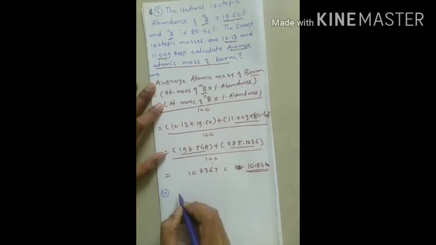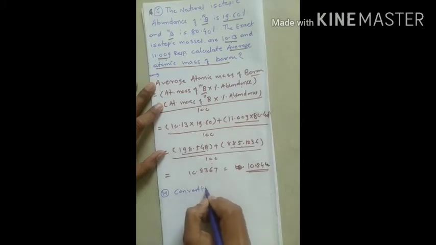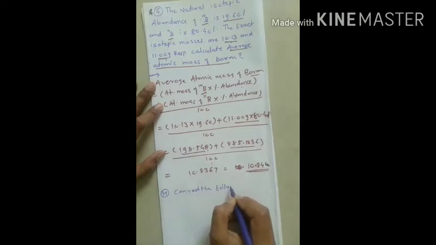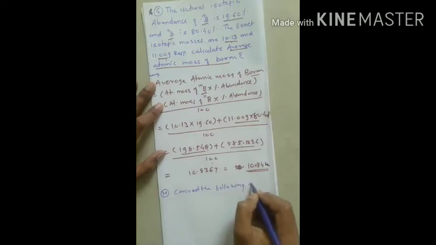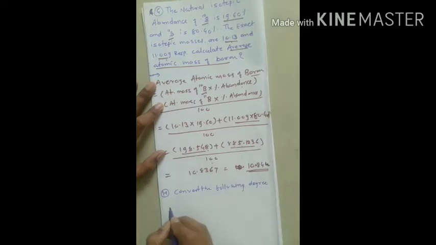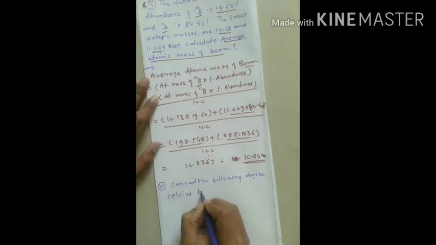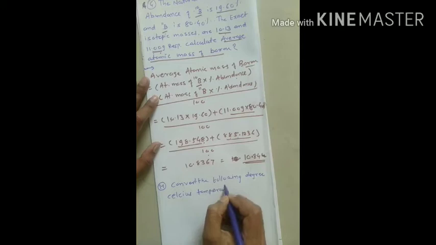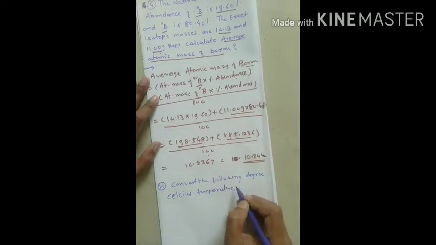The question is like this: convert the following temperature in degree Celsius to degree Fahrenheit.